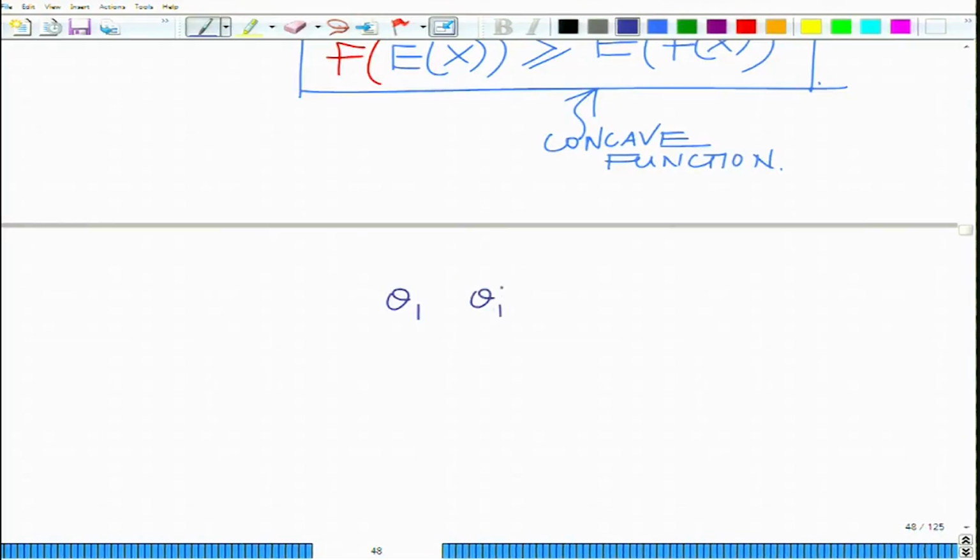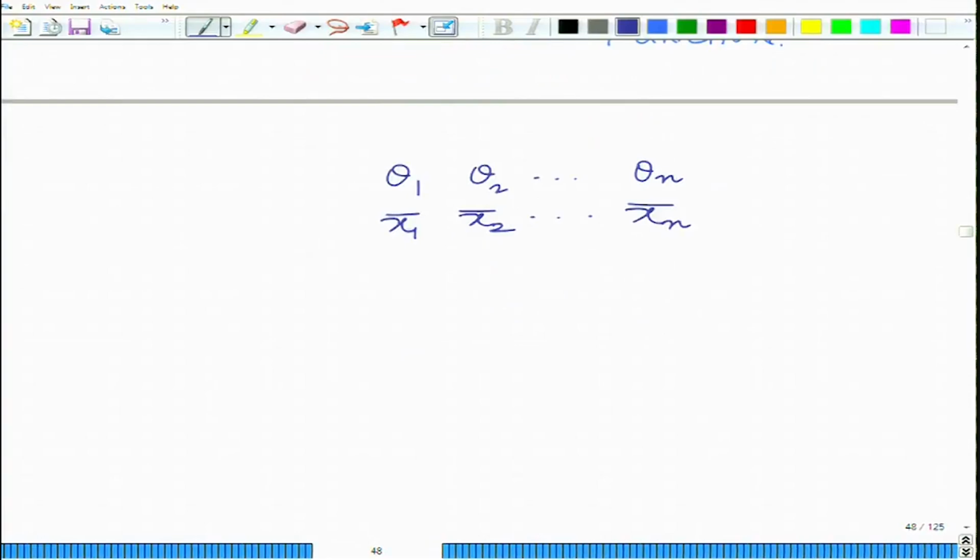So, you can consider theta 1, theta 2, up to theta n as the probabilities, and x1 bar, x2 bar, and so on, up to xn bar as the values of the random variable.